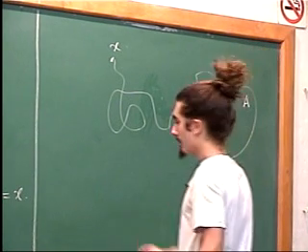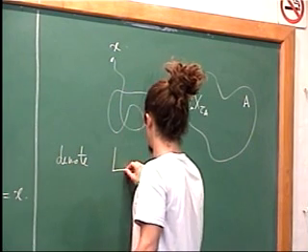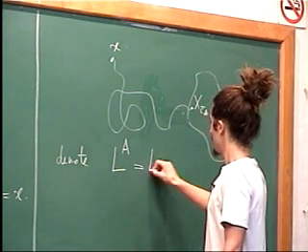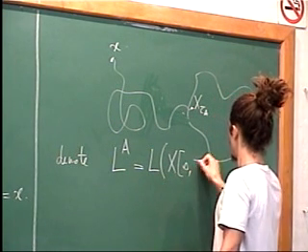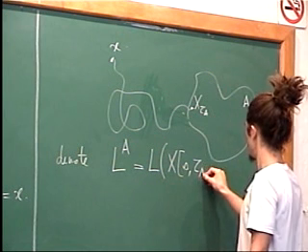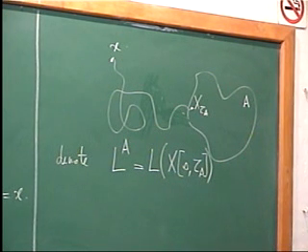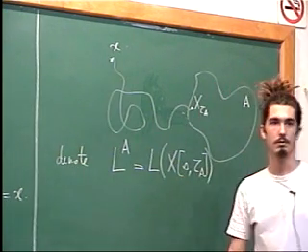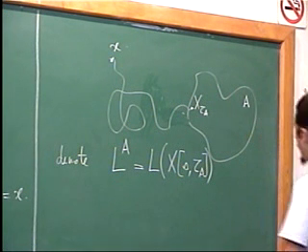So let's denote by L A the loop erased random walk of the Markov chain X up to time tau A, right? So we're just making this and we delete the loop to make a simple self-avoiding walk up to A.